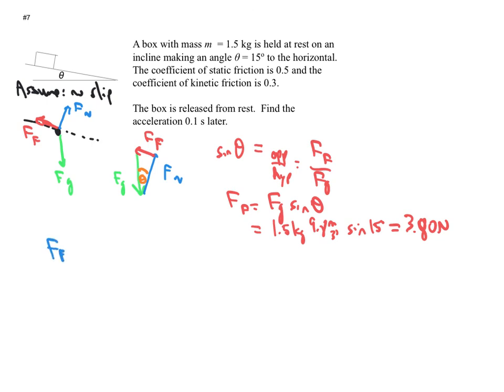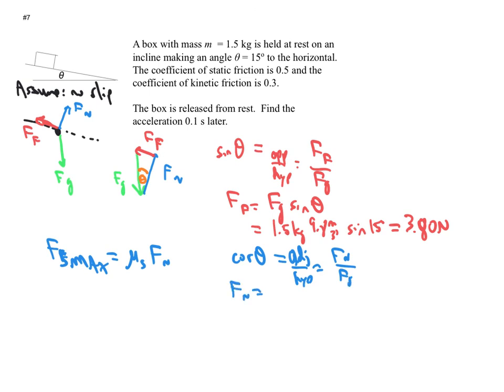All right, how about F max? Well, the maximum static frictional force is mu static times the normal force. I don't have the normal force. So I'm going to go off and get that by saying, look, the cosine of theta is the adjacent over the hypotenuse, which is Fn over Fg.